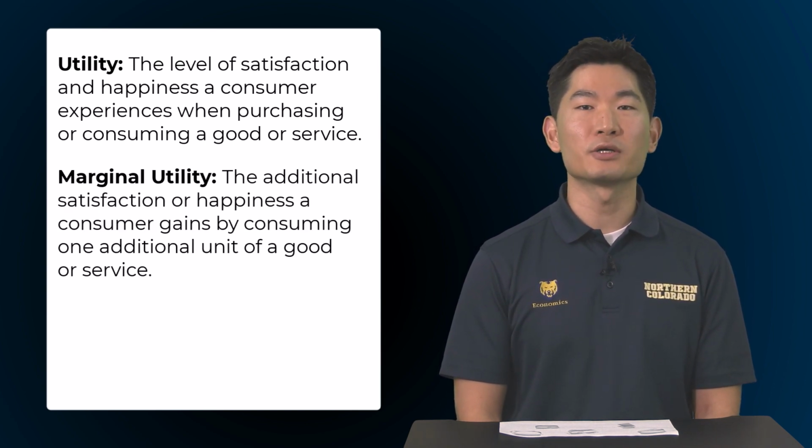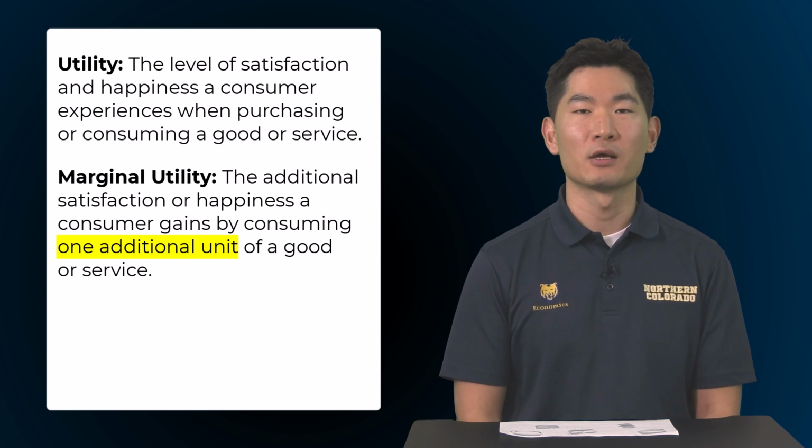Therefore, marginal utility is the additional satisfaction or happiness a consumer gains by consuming one additional or one more unit of a good or service. The key phrase here is one additional unit when we understand marginal utility.